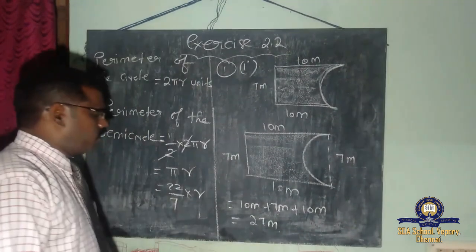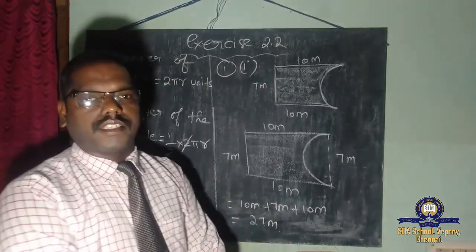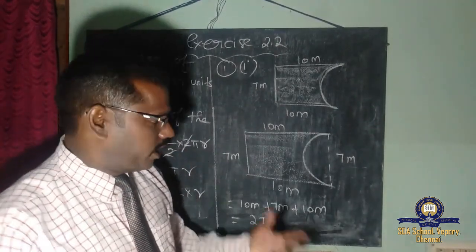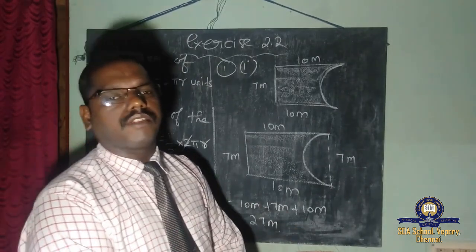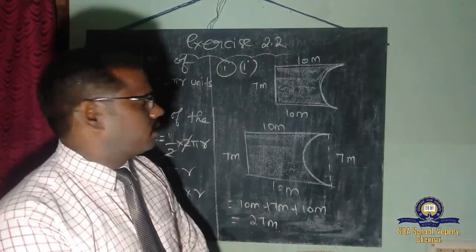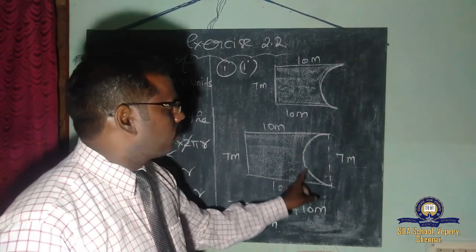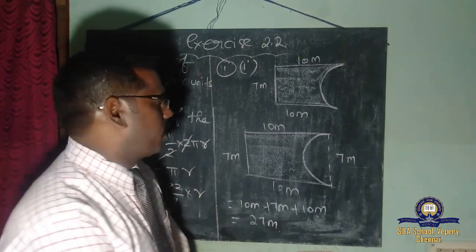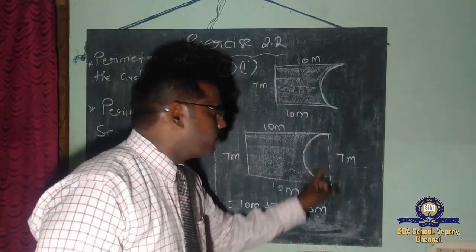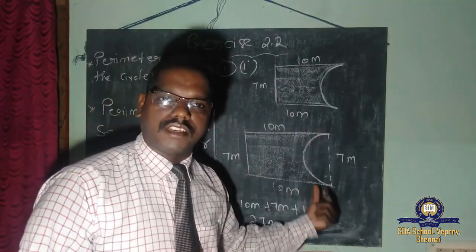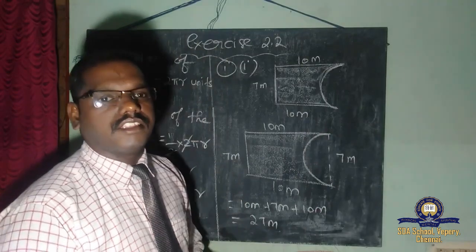So here we need to find out what the radius is first. From where can I get the radius of the semicircle? See, this part looks like a semicircle. If I join a line like this, that line will be the diameter of the semicircle, not the radius.